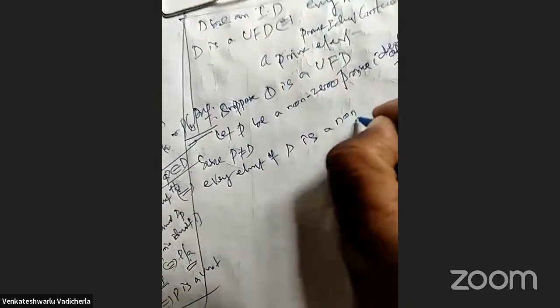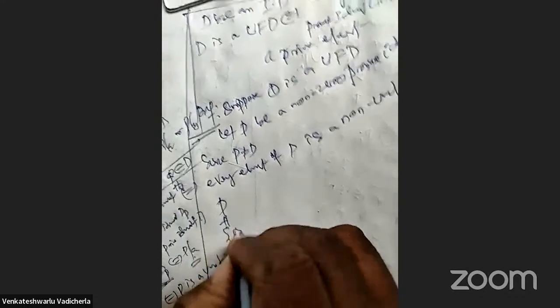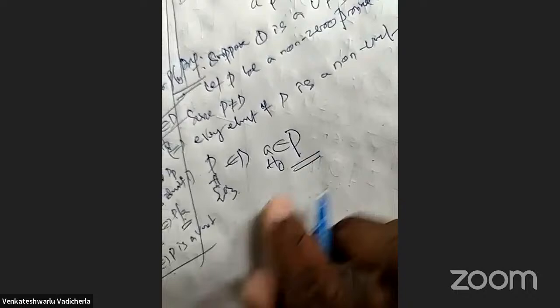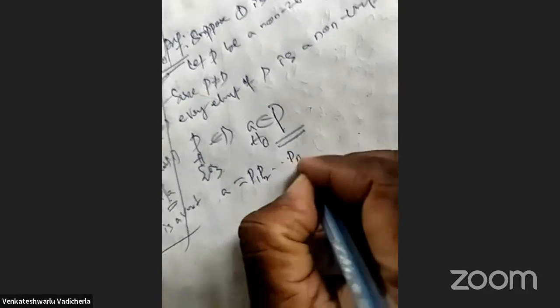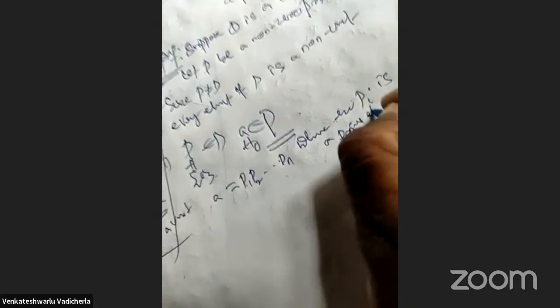So P is not equal to the singleton zero in D. We can take an element A, a non-zero element of P. Every non-unit is a product of a finite number of prime elements, so A = p1 p2 up to pn, where each pi is a prime element.